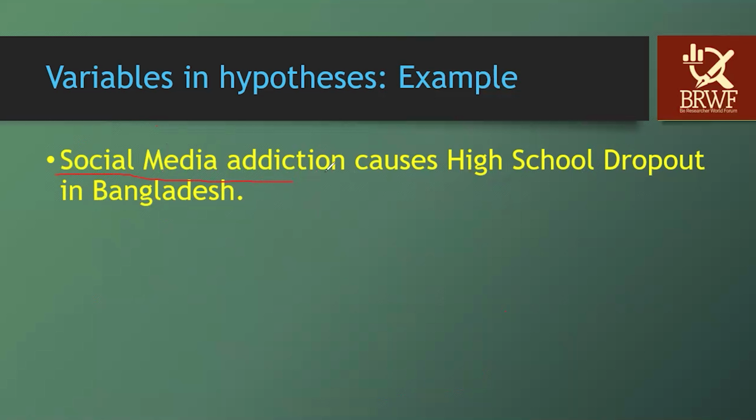So here, can you mark two important things or two variables here, or two measurable things? Okay, Bangladesh, it is already measured. Am I right? The size, we know what Bangladesh is. So one thing is social media addiction. This is one factor. Am I right? Or you can say this is a variable. And another thing, we can define high school.